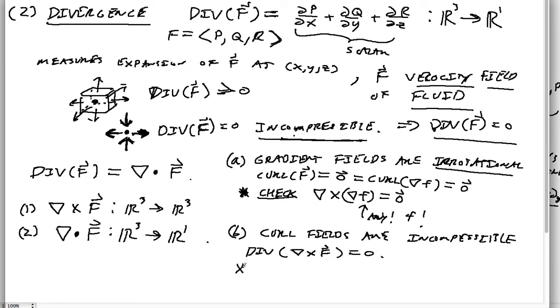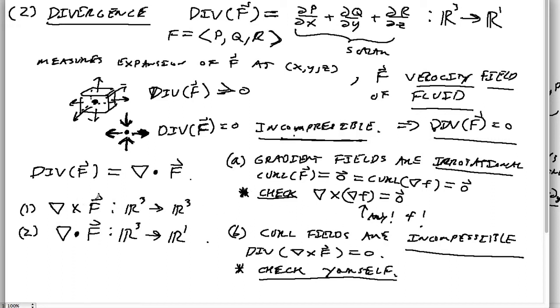And you can check this as well. It's in the book that you have. It's in any calculus book that you could pick up. And again, it just takes a few lines to compute this. So these are really nice relationships, and they tell you a lot about the properties of vector fields.